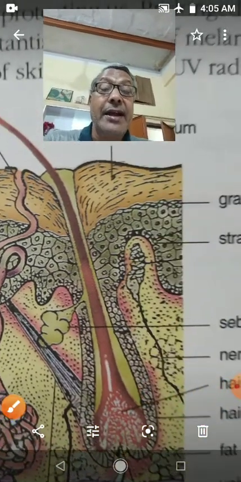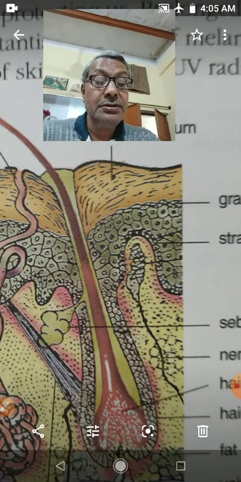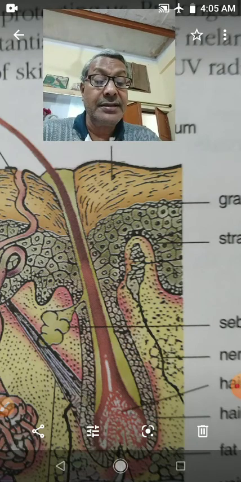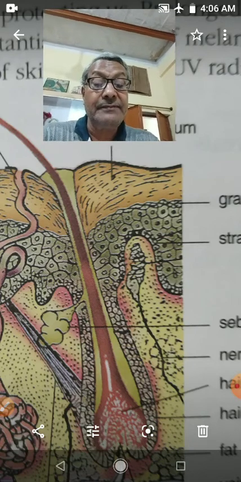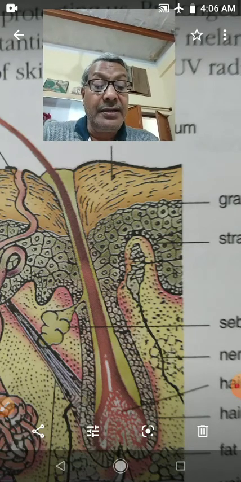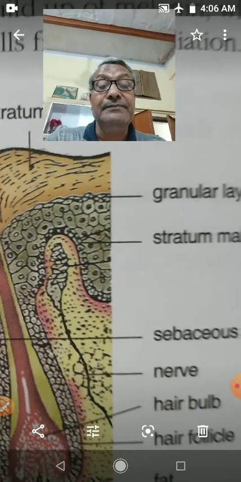Epidermis can be differentiated into three regions. The epidermis is the outer, thinner part of the skin. It is formed of stratified epithelium.